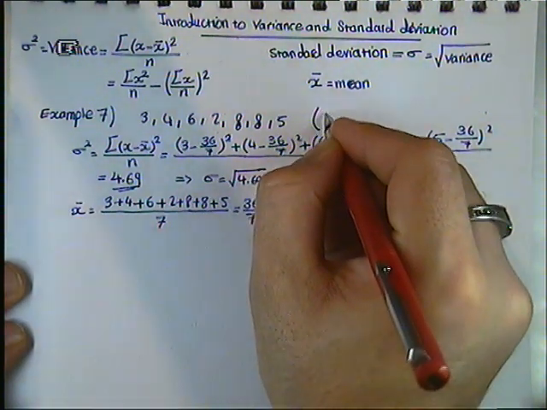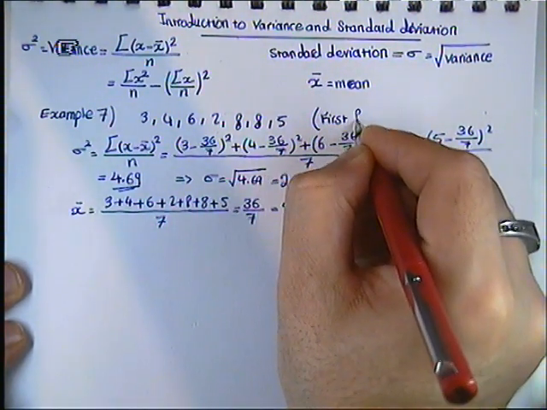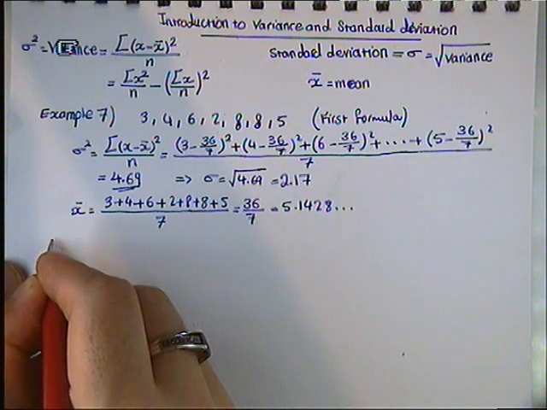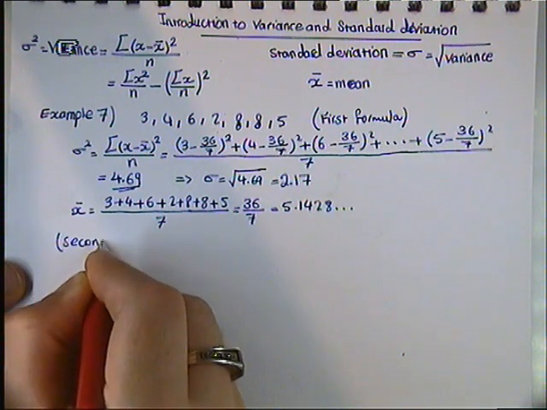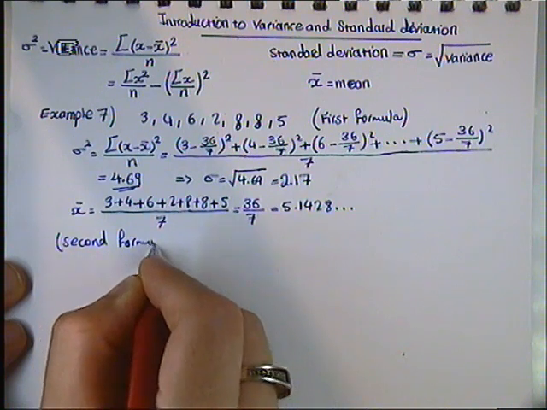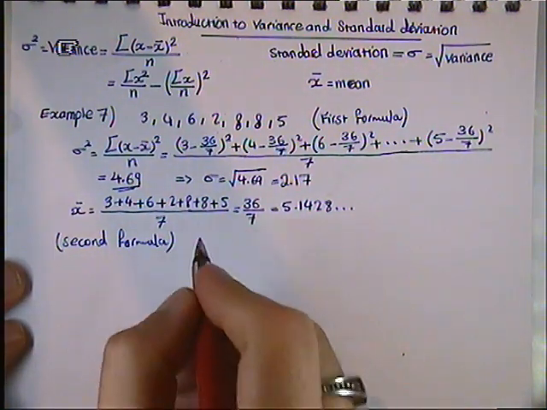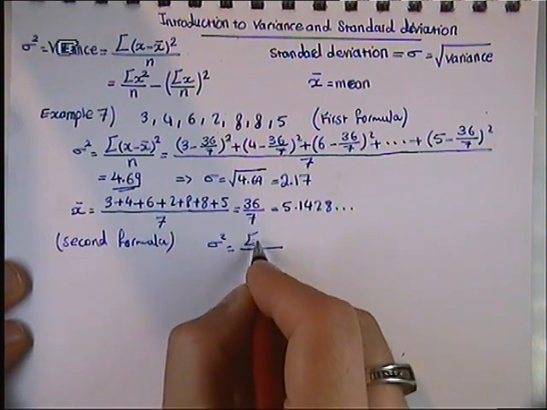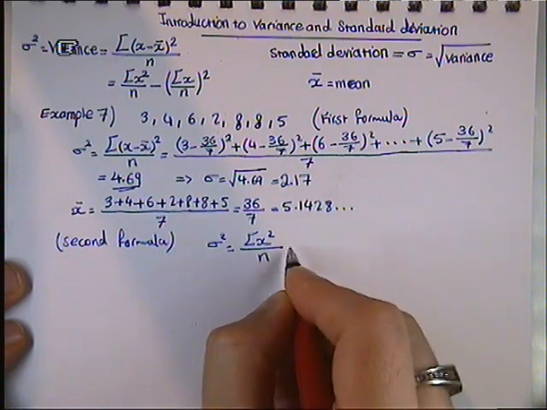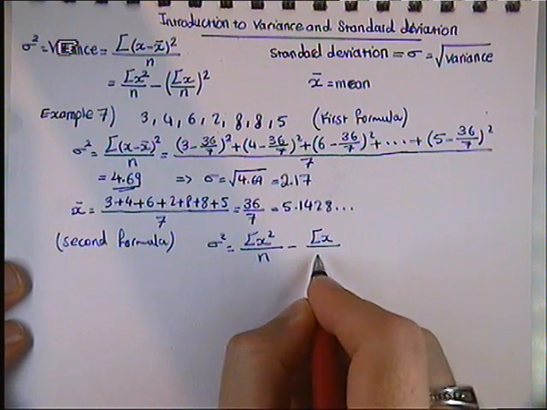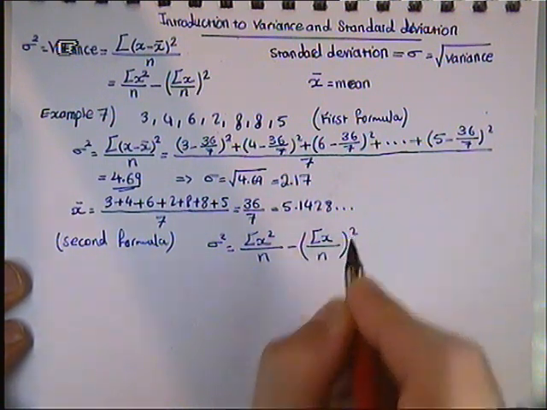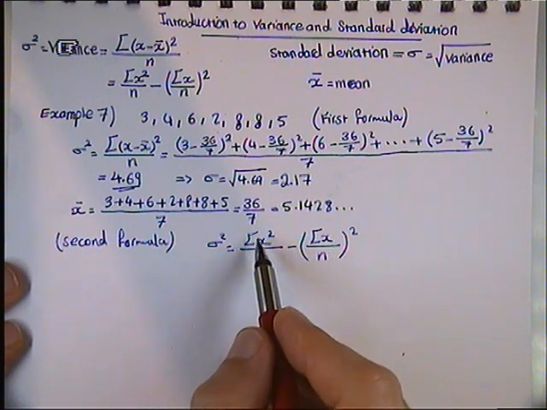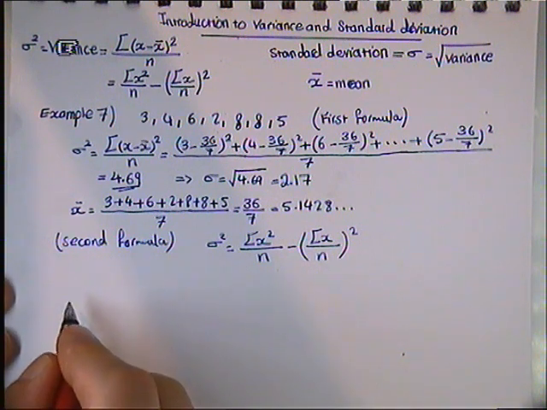Okay, so that was using the first formula. For the second formula, variance is equal to the sum of x squared over n minus the sum of x over n all squared. So I need the sum of x first and the sum of x squared, and then put the values here and find the variance.